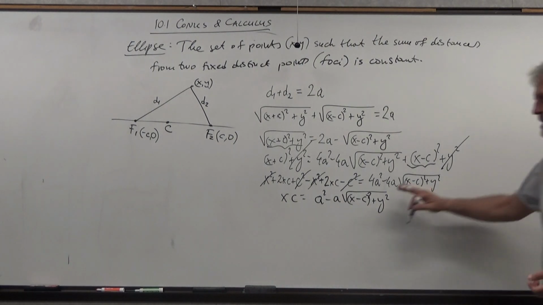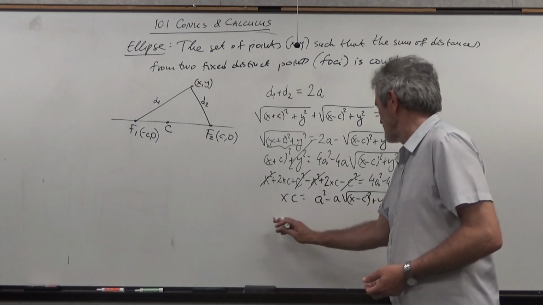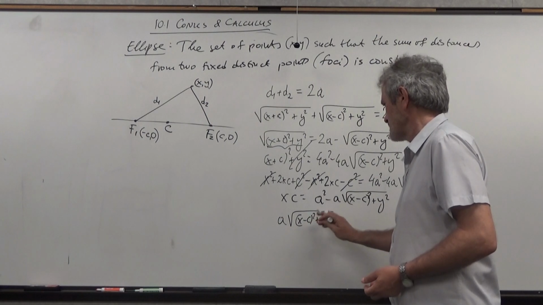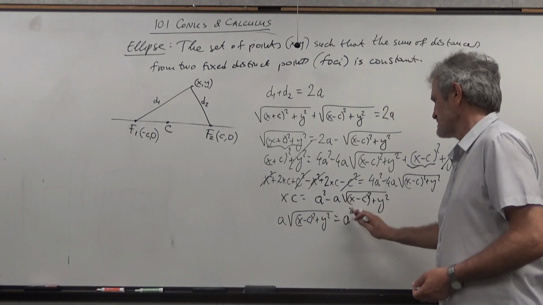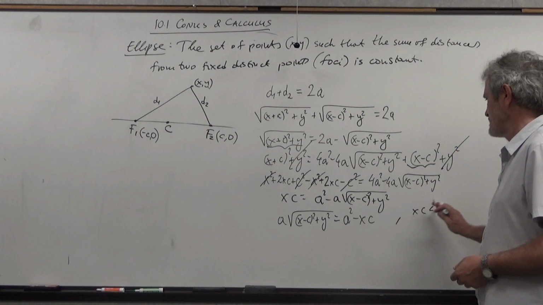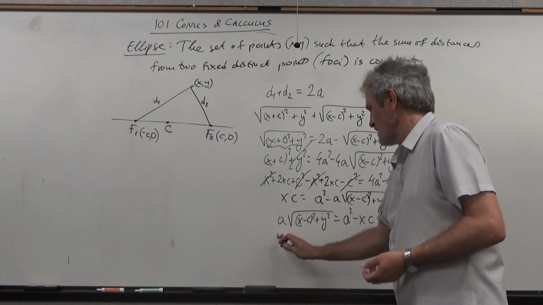And then what do we do? We get this expression on the left, x on the right. So we get a times the square root of (x minus c) squared plus y squared equals a squared minus xc. And if you want to square it, of course, xc has to be less than a squared. So when we square it, here's what we get. I'll rush the algebra a little bit.